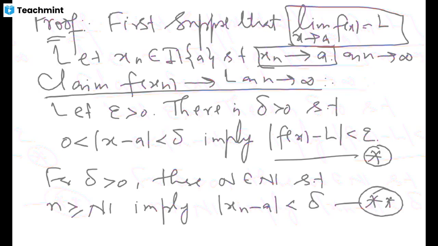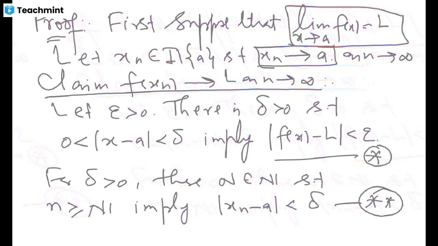Call it double star. Now look at this. The second inequality in star holds whenever the point is in a delta neighborhood of a, meaning the distance of the point from a is less than delta. In double star, for each term after N, the distance from a is less than delta.